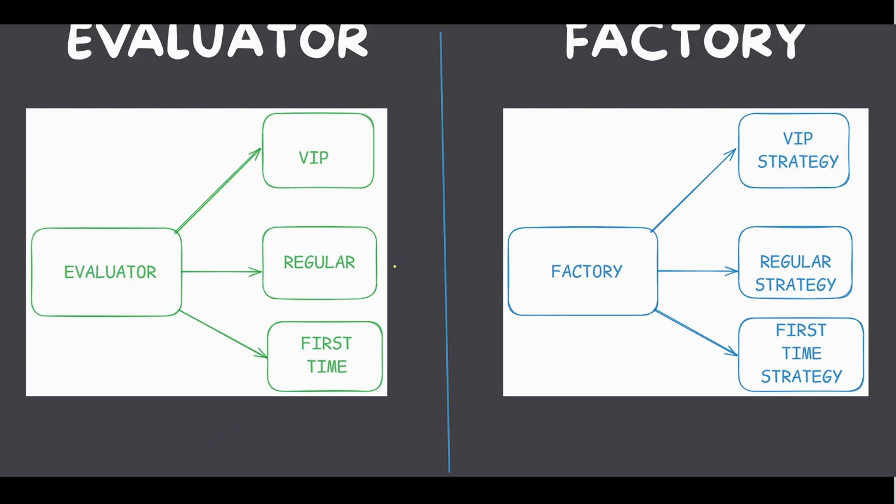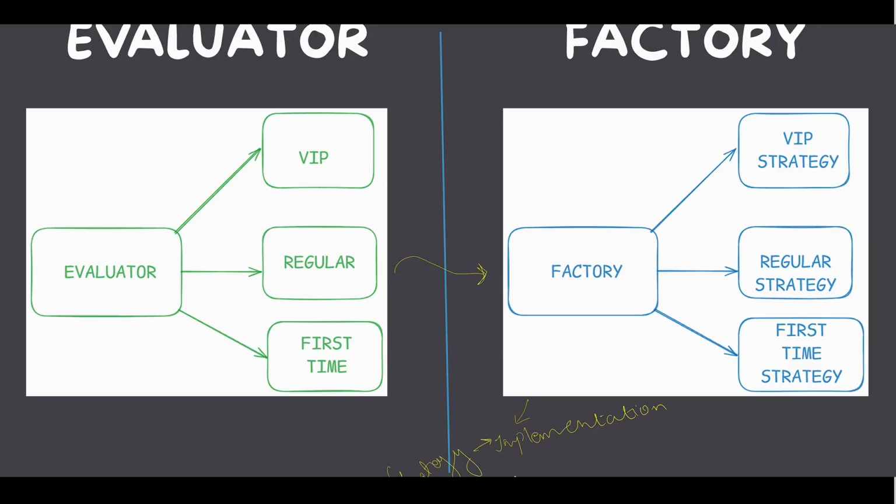After getting this strategy from the evaluator, we will pass it to our factory. Our factory contains nothing but these strategies, and corresponding to these strategies, we have the implementations. Fetching the implementation from this factory, we will execute that strategy here. This factory contains that strategy to implementation map.